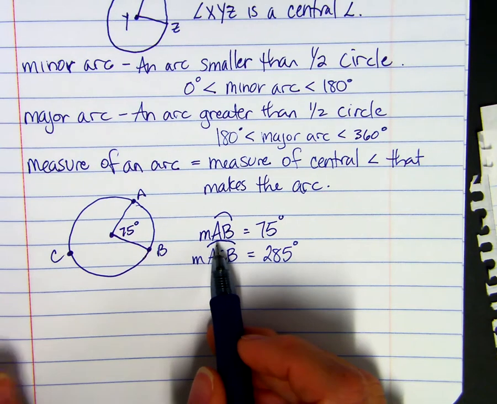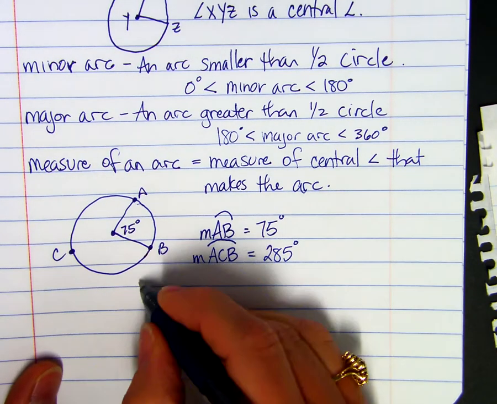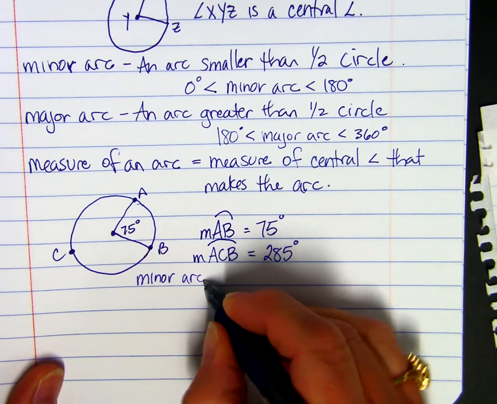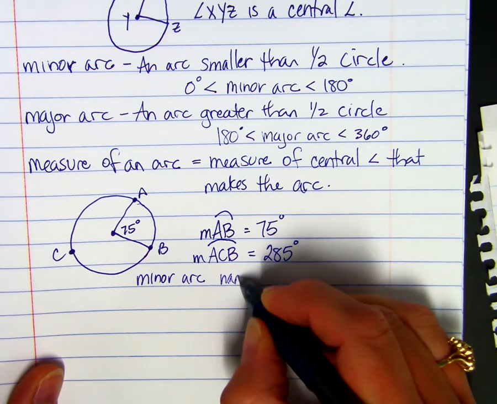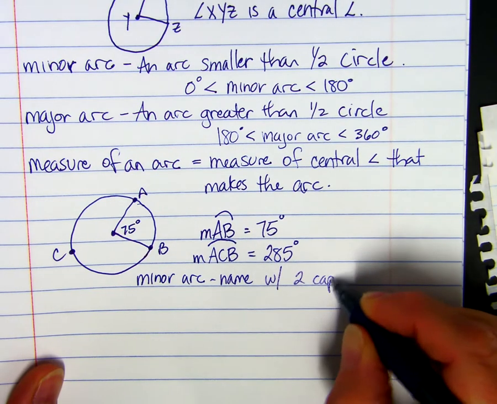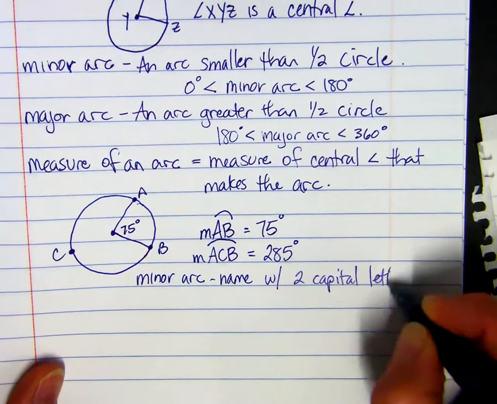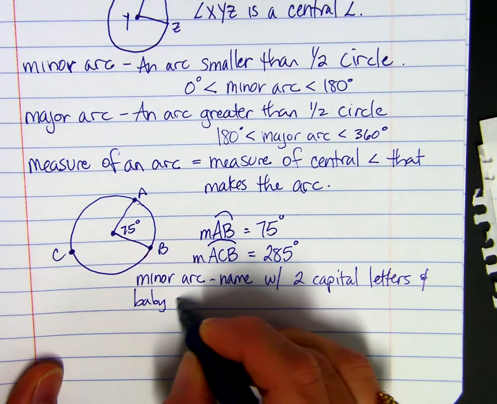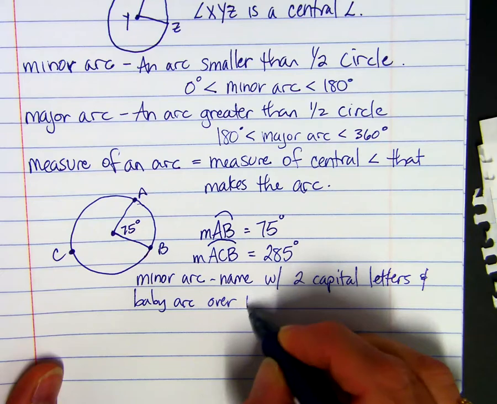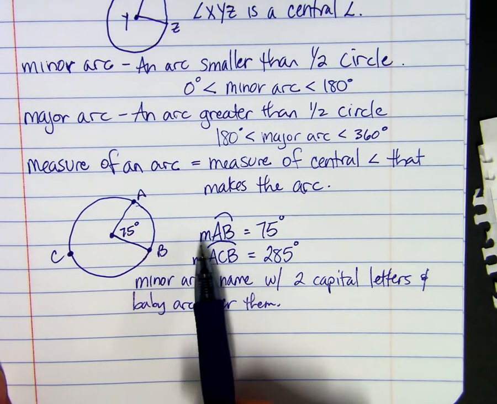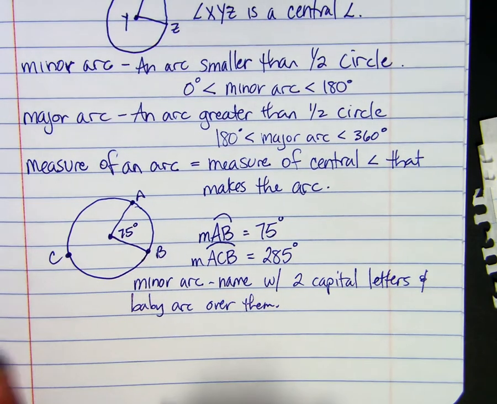So to name a minor arc, we use 2 capital letters. So minor arc, name with 2 capital letters, and a baby arc over them. And again, when we're talking about measure, we put a little M in front of it, just like we do with segments.